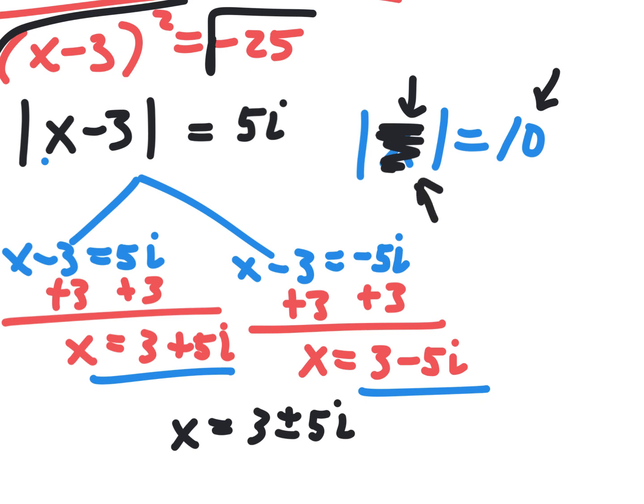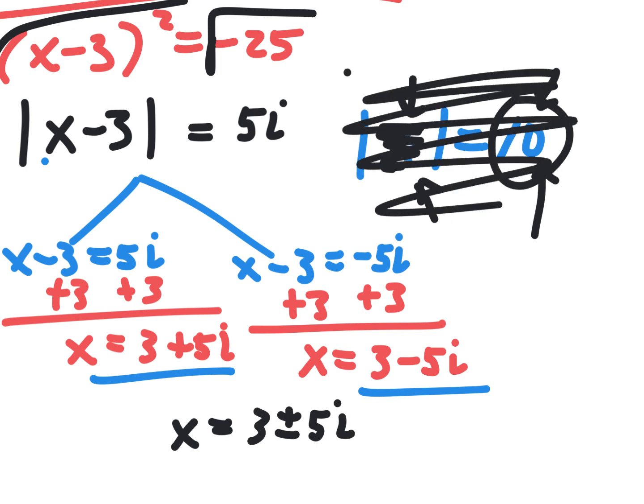What's in here stays the same. And this is the one that you switch to plus and minus. Now, actually, you can switch the other one, but what you can't do is switch both of them. So I always teach it this way. Take that number and make it plus and minus. So take this number here and make it positive 5i and negative 5i. Okay. And this just stays the same in both spots, here and here.